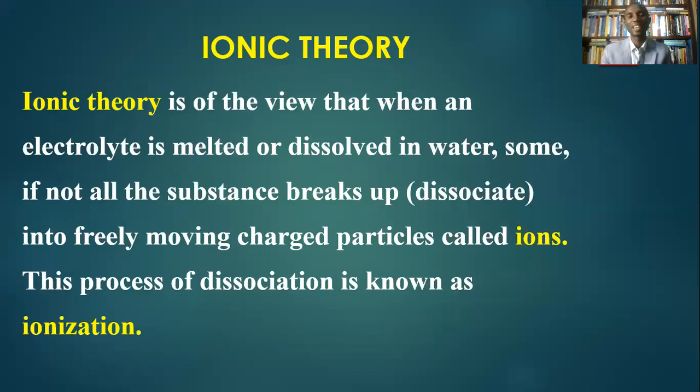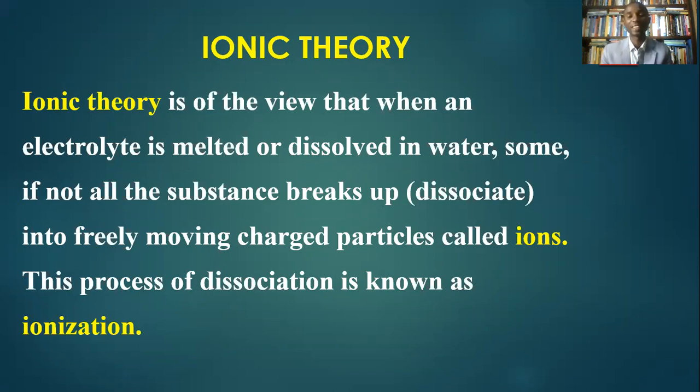That is what it is saying, that when an electrolyte dissolves in water, it dissociates into moving charged particles called ions. And this process of dissociation is what we call ionization. They ionize, they break up completely. However, some may break partly.